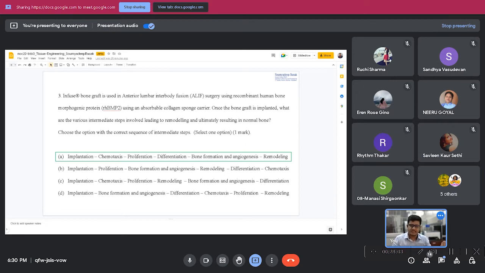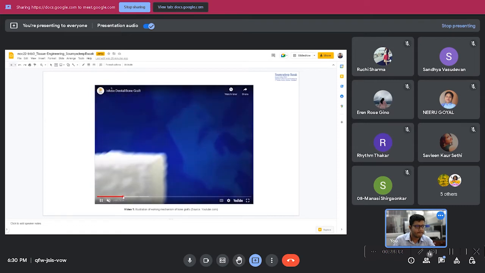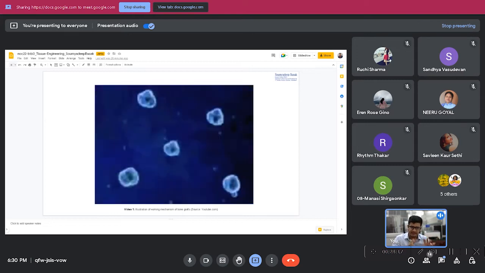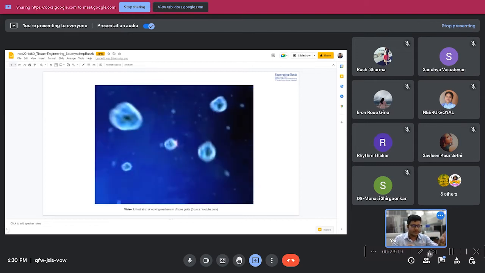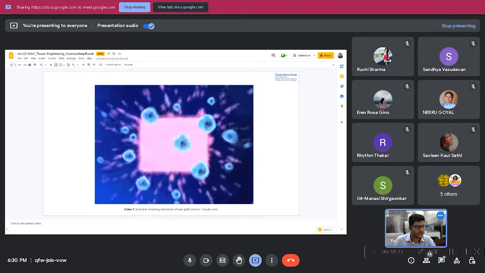So the chemotaxis is happening, the rhBMP-2 release is happening. Then the cells are coming up, these mesenchymal stem cells. Okay. Mesenchymal stem cells came up and they are inhabiting the sponge. Right? This chemotaxis event is occurring.